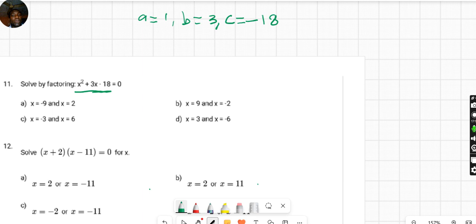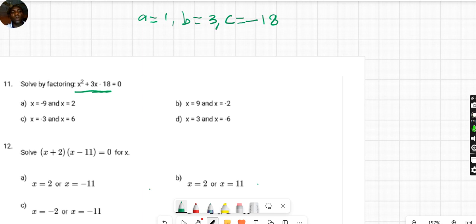If B is plus, it's going to give you a positive B. If it's negative, it should give you a negative B. Alright? So find two numbers that when you add them, they will give you B, and when you multiply them, they will give you C in the quadratic equation.